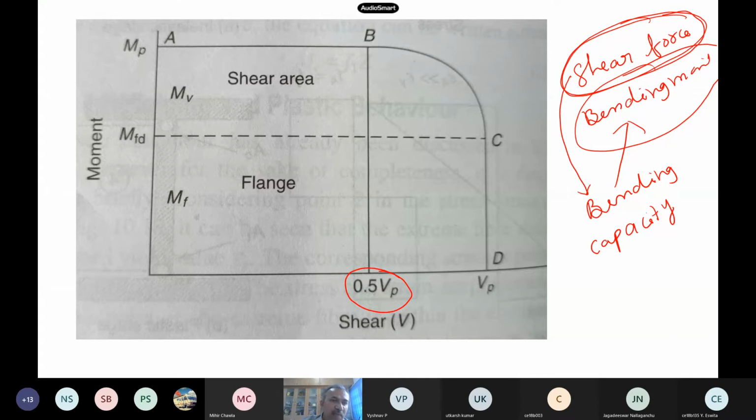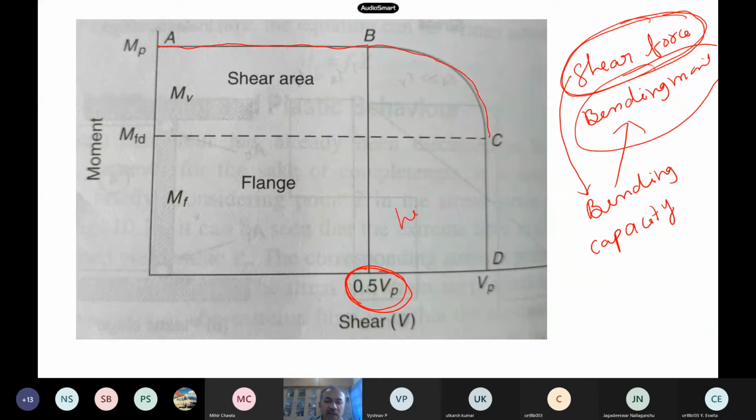If the shear force in the beam is less than 0.5 times the capacity, the bending capacity doesn't change, it remains almost constant. But if the shear force exceeds that, the bending capacity of the beam decreases.